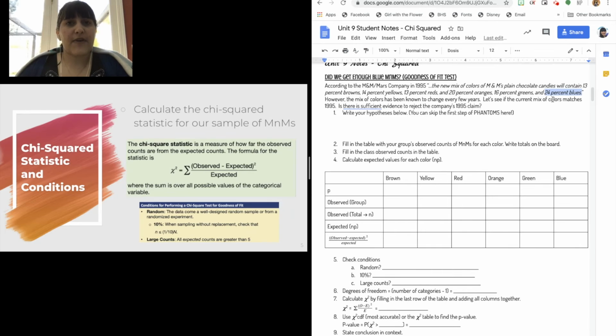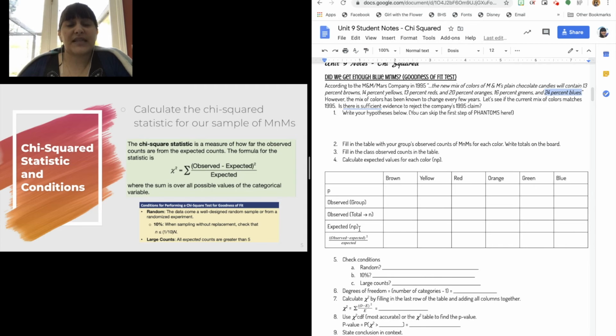So if I have 100 M&Ms, then I would expect there to be 0.24 times 100, so 24 blue M&Ms, right? That's what the expected value is, which you should be familiar with because we talked about expected value when we did probability. So it's the number in your sample times the proportion that you think is supposed to be in that category, NP. I'm hoping that looks a little bit familiar.